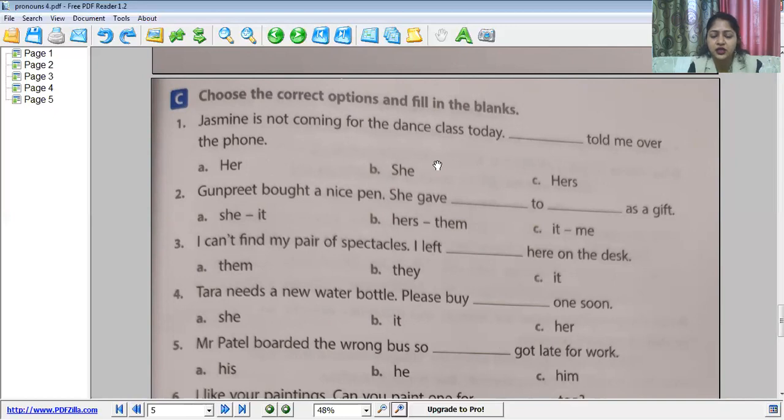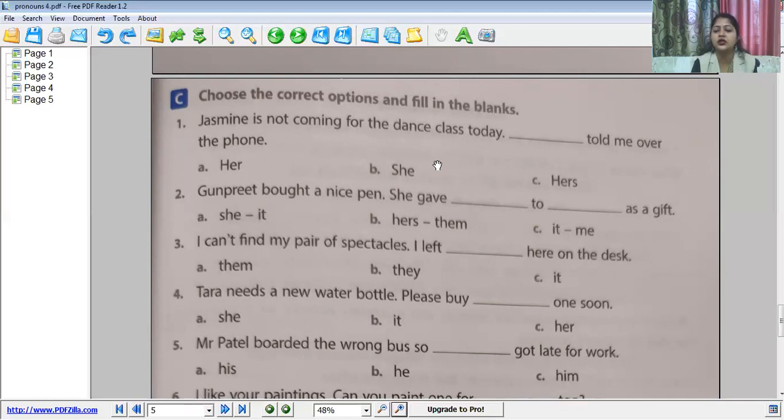Tara needs a new water bottle. Please buy dash one soon. Please buy her one soon. Please buy for Tara. Okay. So please buy her one soon. Mr. Patel boarded the wrong bus, so dash got late for work.